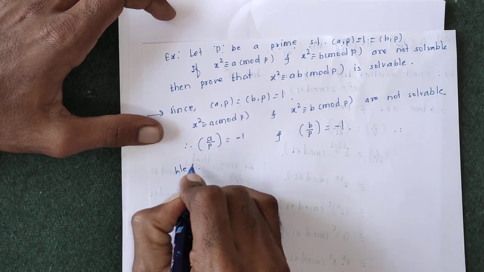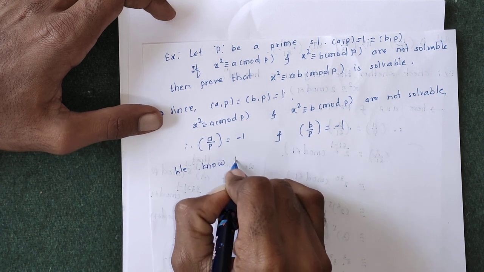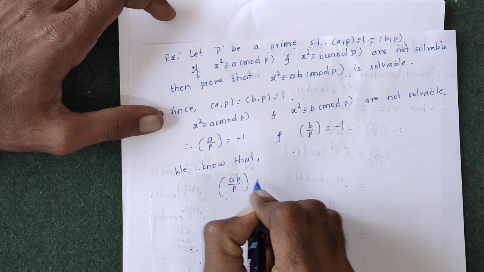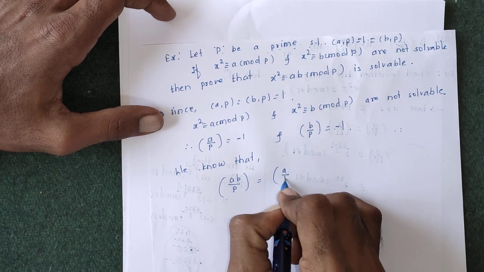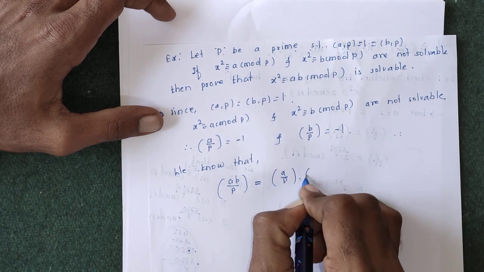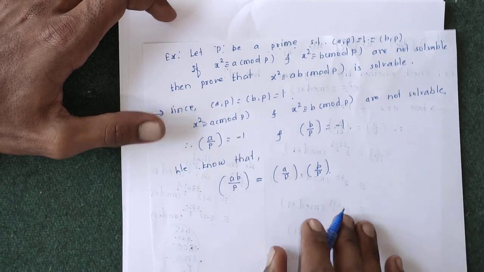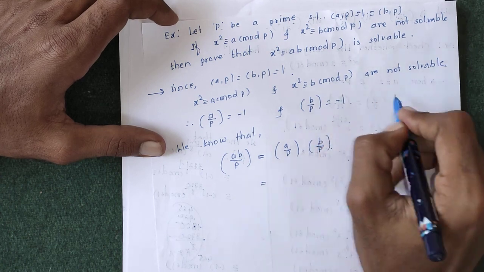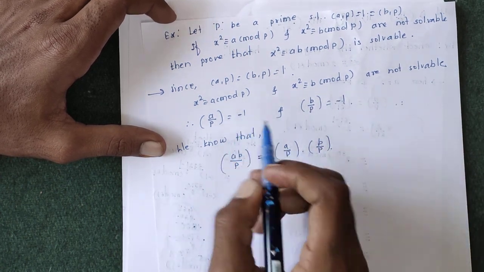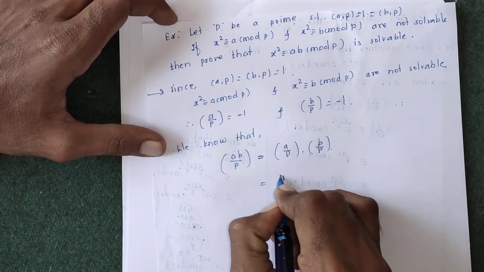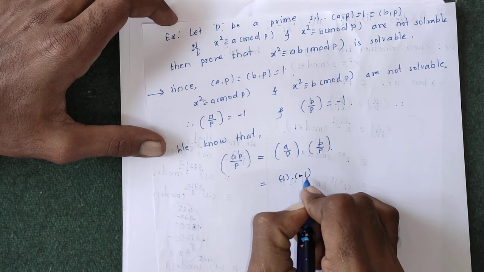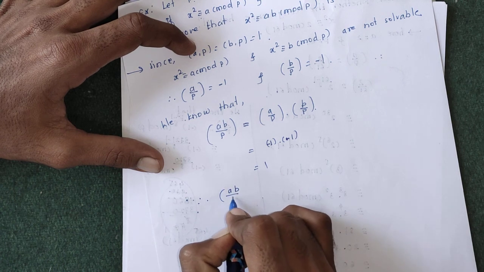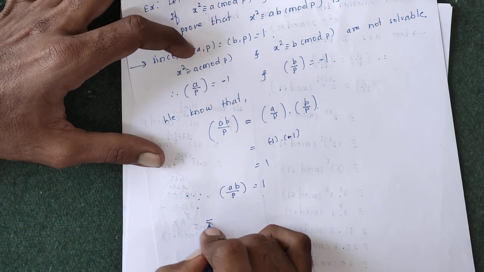But we know that the Legendre symbol of AB with P is equal to the Legendre symbol of A with P into the Legendre symbol of B with P. Using this, we get minus 1 into minus 1, and minus 1 into minus 1 is 1. So the Legendre symbol of AB with P is equal to 1.